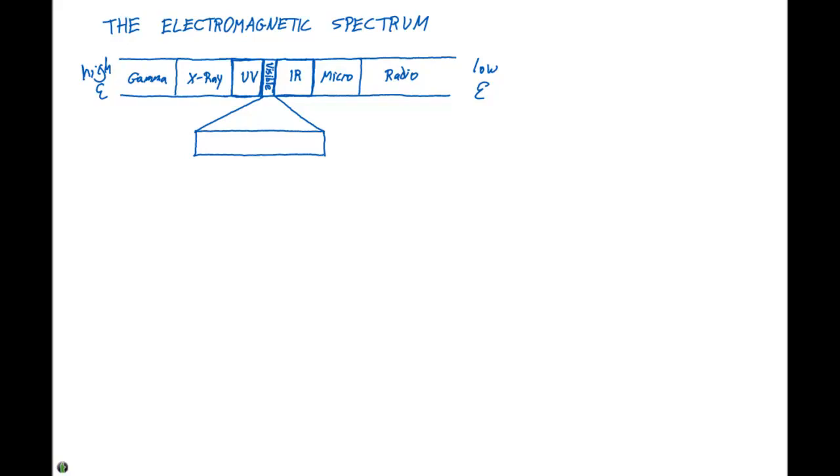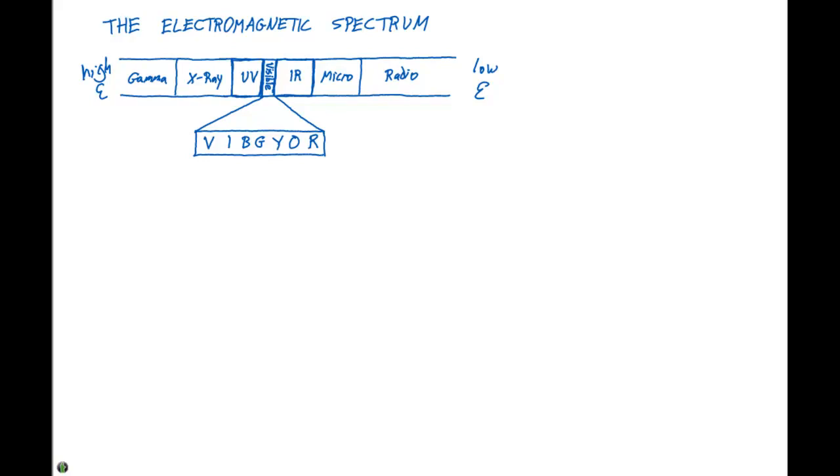Next to the ultraviolet is violet radiation. Then over here next to the infrared is red wavelengths. So we can use the ROYGBIV acronym to put these visible wavelengths in order of energy.